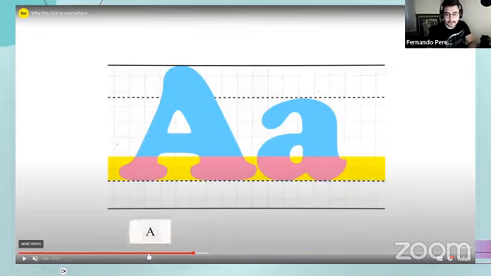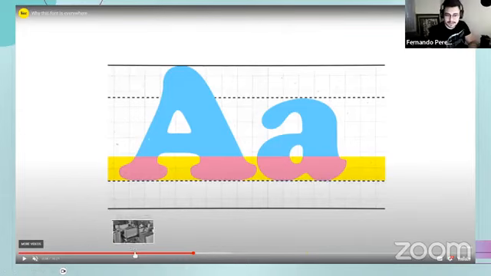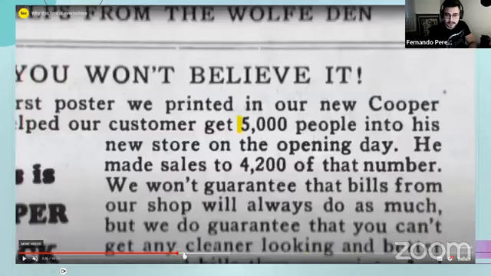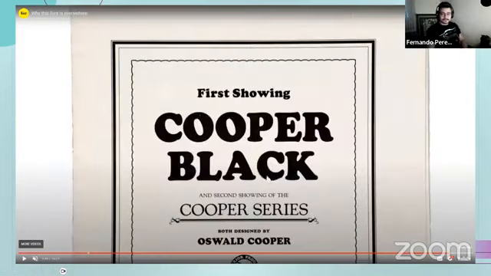Are you familiar with the Cooper Black font? Have you seen it before? No, teacher. Never. Well, this is something that sometimes we don't notice, but yesterday we talked about it and we saw how popular this is. It's about its curves, it's about how often it's used, it's about very important stuff. And this guy, Oswald Cooper, invented Cooper Black.